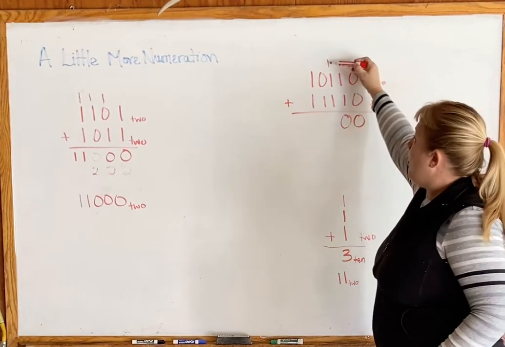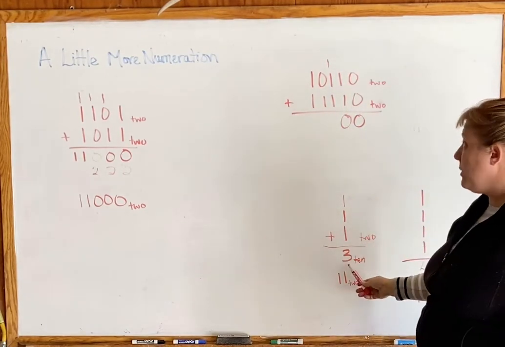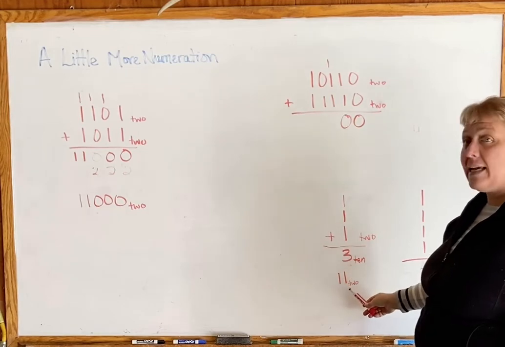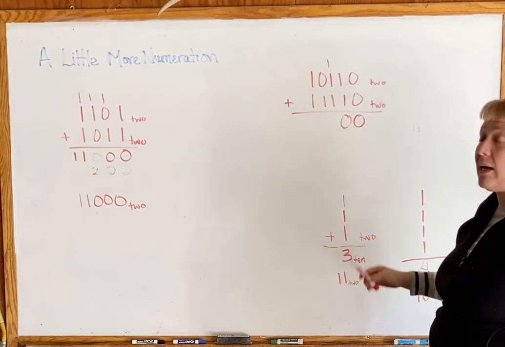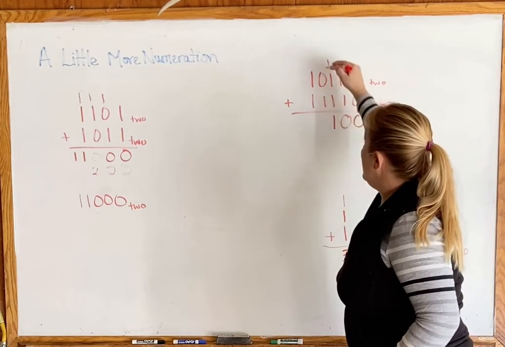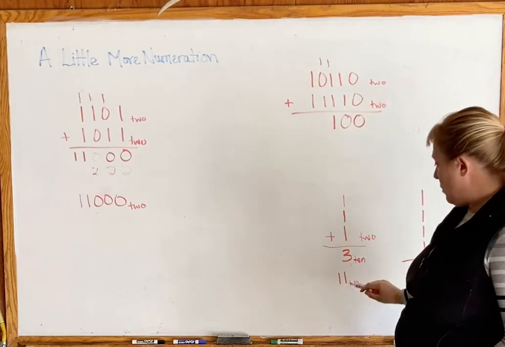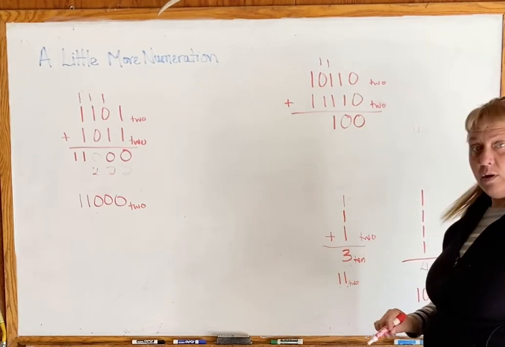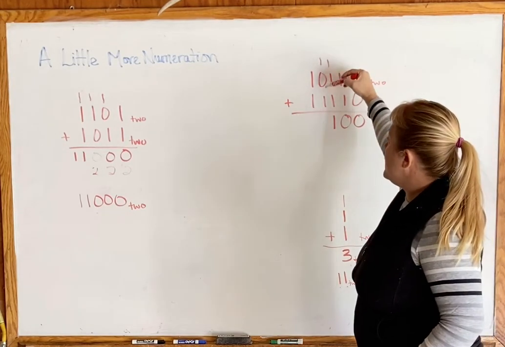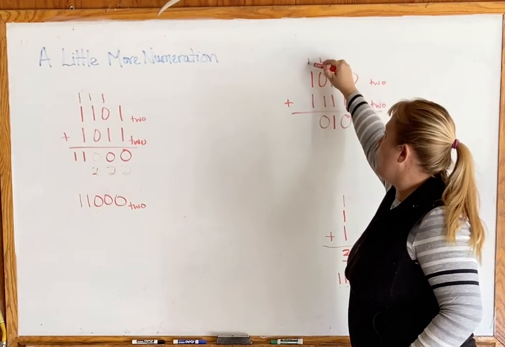Now here we've got 1 plus 1 plus 1, which would normally be 3. But in our case, it ends up being the number 1, 1. So we write down a 1, but we carry the 1. Write down this 1, carry that 1. Now we have 1, 0, 1, so that's going to be a 0, carry the 1.